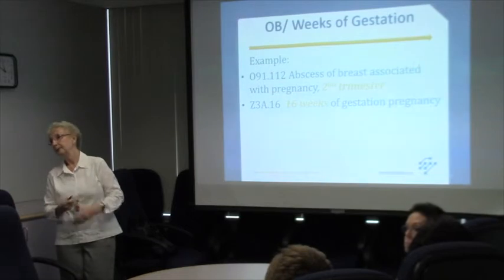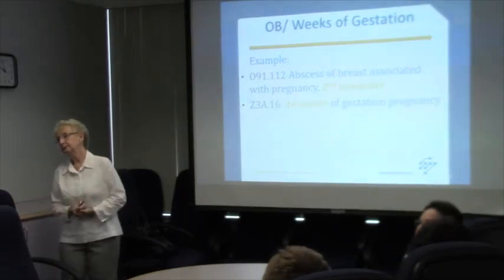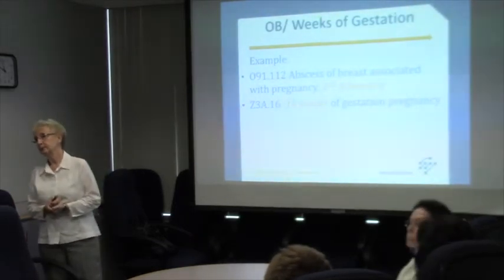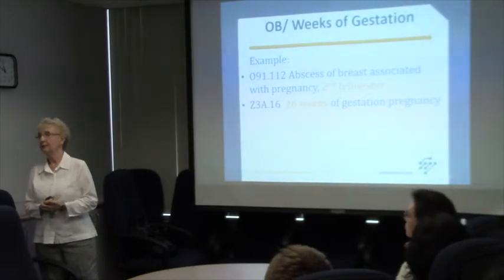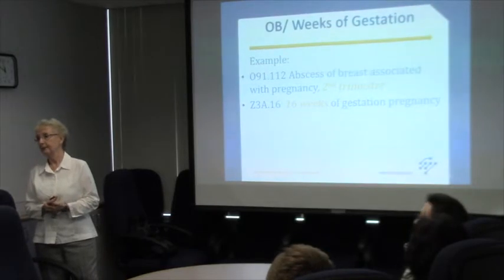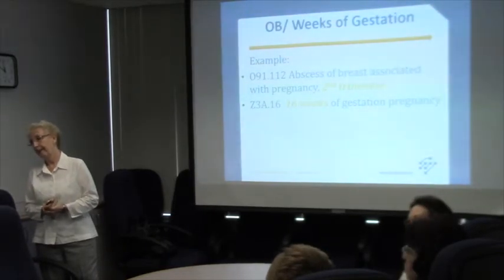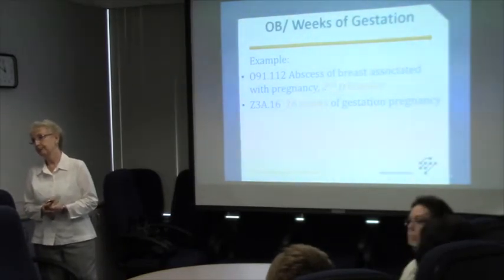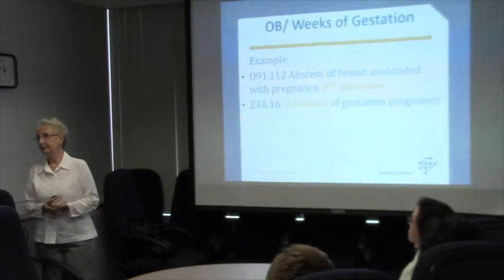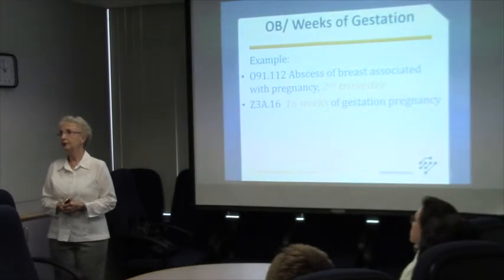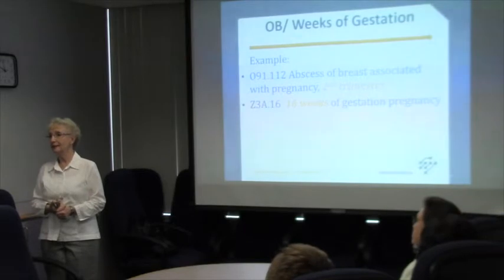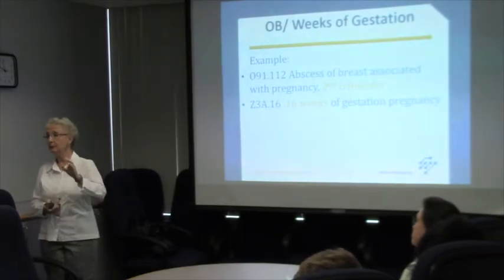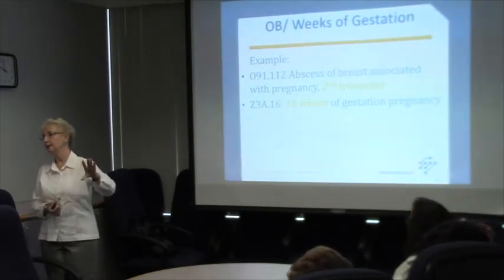Yes? The 7th place extension is both alpha and numeric? It will always be alpha. Okay, and for different diagnoses, is A different, or B is different? I wish I could tell you that A is always initial, D is subsequent, and S is sequela, and it is for many of the sections of the injury codes.